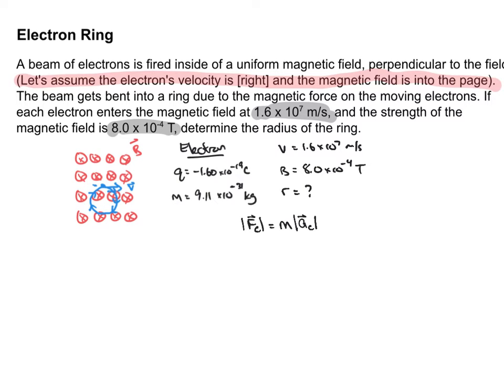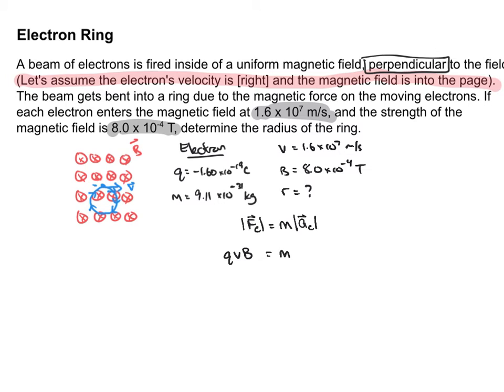It's qvB. So I use the scalar version of that formula where the assumption is that v and B are perpendicular to each other, which it says in the question. Okay, if v and B are perpendicular to each other, we don't have to bother with the whole sine theta part of the formula.